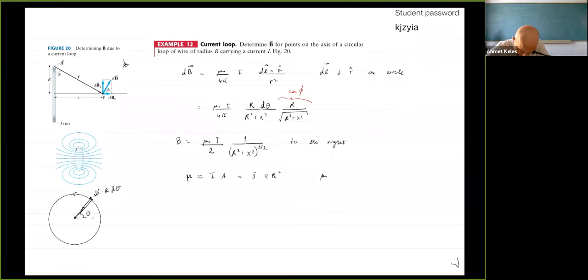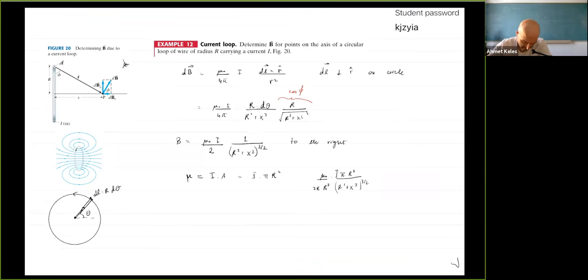So if I use it, this thing is going to be mu 0 times, okay, what should I do? Pi R squared I divided by 2 pi R squared divided by R squared plus X squared to the 3/2. Is that even right?